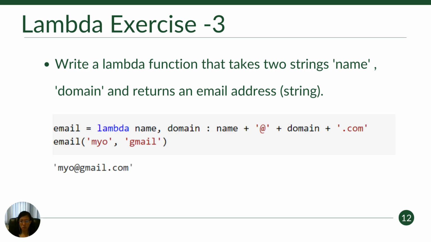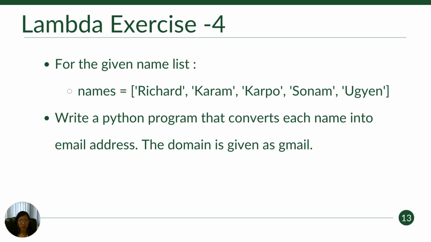Now let's take out the name list from the previous exercise. This time we want to convert each name into an email address. The domain is Google, so you can just take it as Gmail. For this exercise, I want you to pause the video here and write the code before checking the answers.